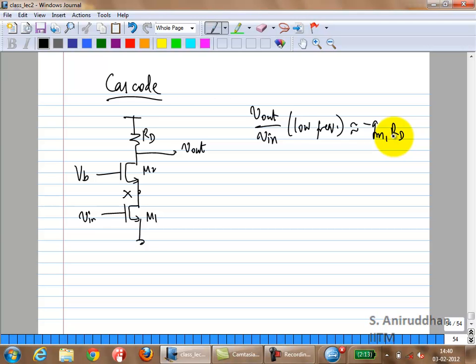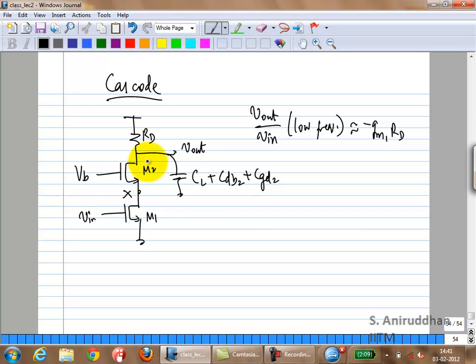Now what can you tell about the poles of the system? How many poles do you have? Where are they going to be? Are you going to have any zeros? Okay. So if you have, let us say, CGD2, you're going to have a CGD for signal, since VB is grounded.